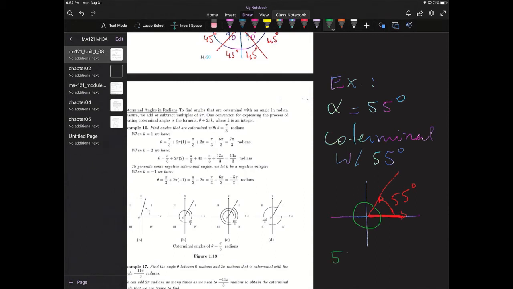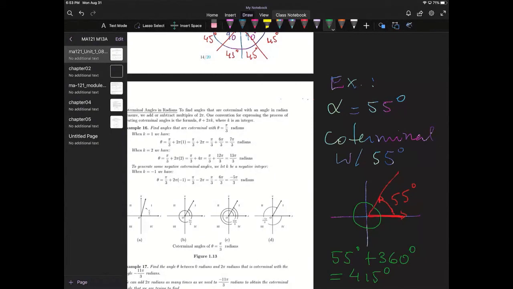So if I take 55 degrees and add 360, I have 415, yes. So 415 and 55 degrees are coterminal just because they have the same initial side and the same terminal side position, but the angles themselves are not the same.